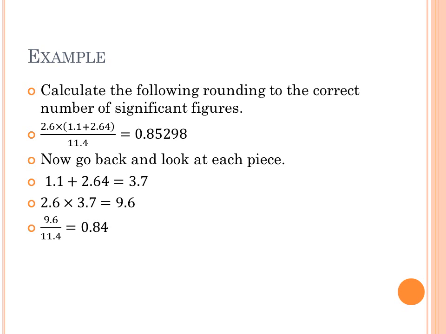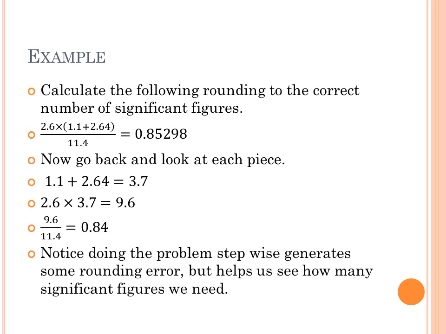Take the 9.6 divided by the 11.4, we get 0.84, which was close to our original answer, but notice there's a little bit of rounding error, but it does help us see how many significant figures we need. Looking back at the original number, we'll round it off to the same 2 significant figures, and we would report our initial answer as 0.85.